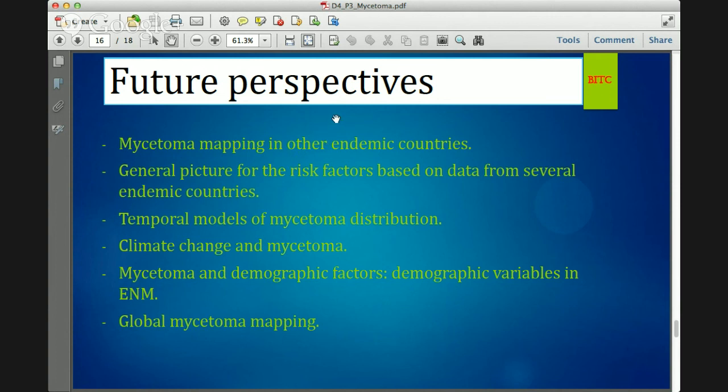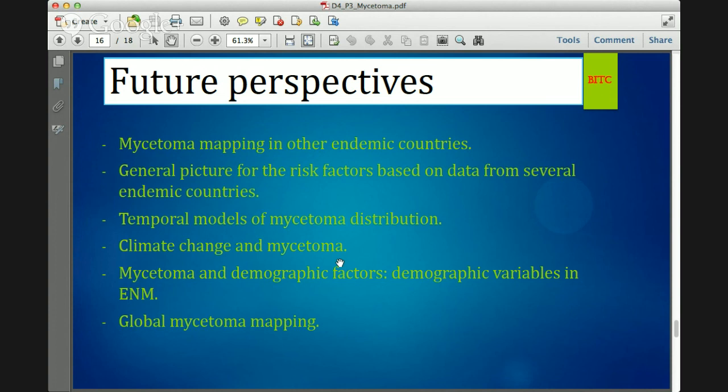We plan future perspectives for our Mycetoma project, which include Mycetoma mapping in other endemic countries, and a general picture of the risk factors based on data from several endemic countries. We also want to model Mycetoma temporally, based on time, and later study the effect of climate change and project the Mycetoma distribution in the future.